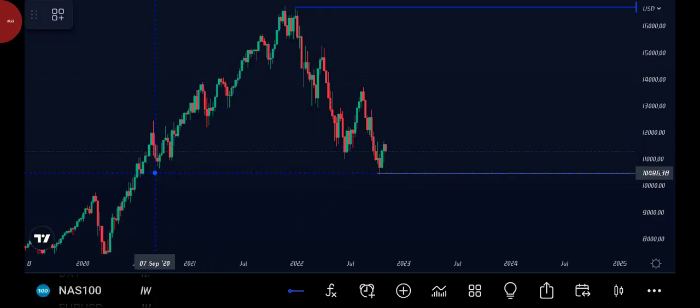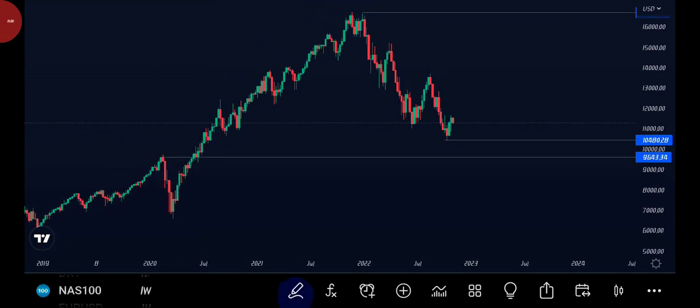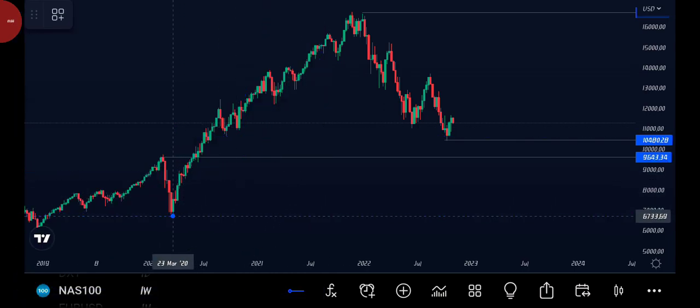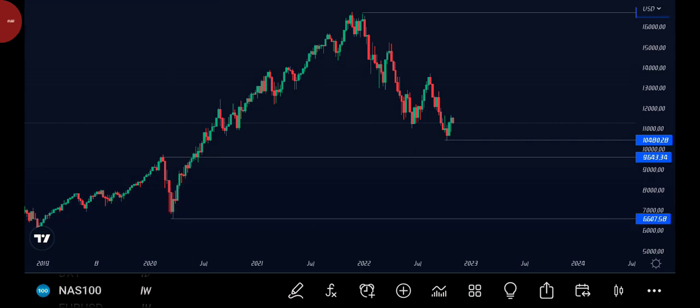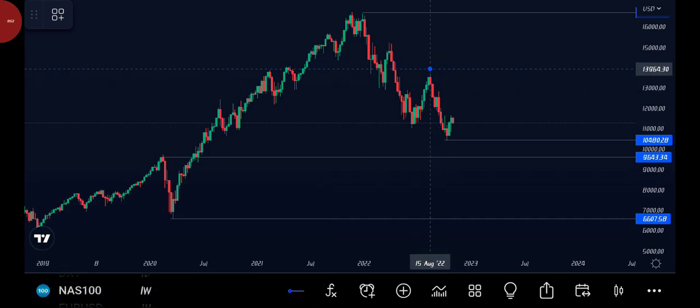You also have something like this. This level is very important, and then we have something like this one, the lowest low. So that is the lowest low. We have other points like this one over here.